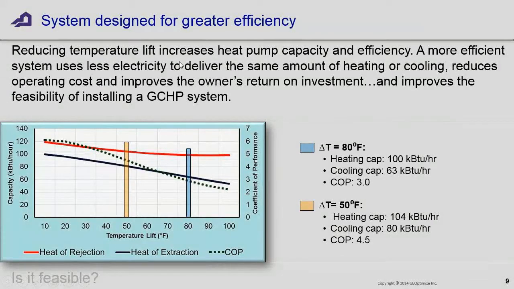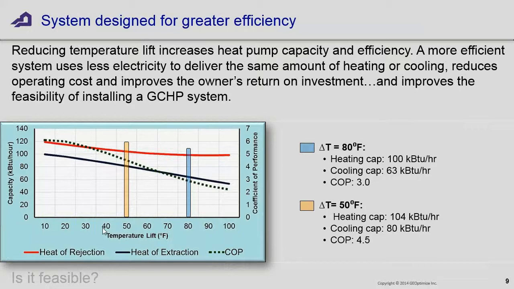The other thing you've got to design for is, if you work with how the equipment is designed to operate, what you'll find is that the temperature lift is a big deal. What I mean by temperature lift is the difference between the heat source, the ground loop, and the heat sink, the building.